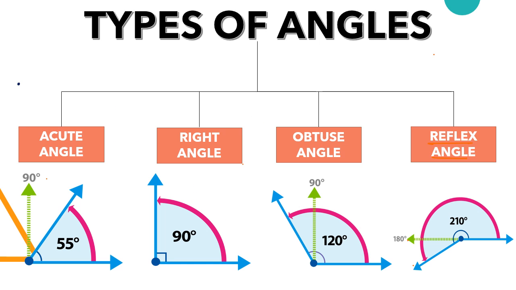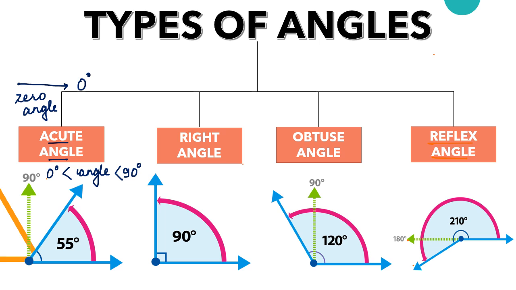We just studied that if the measure of any angle is 0 degrees, that angle is called a zero angle. Now, if the measure of any angle lies between 0 degrees and 90 degrees, meaning the angle is greater than 0 degrees and less than 90 degrees, that angle is called an acute angle.